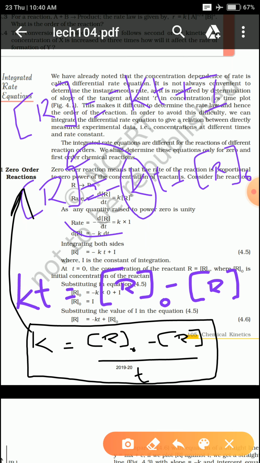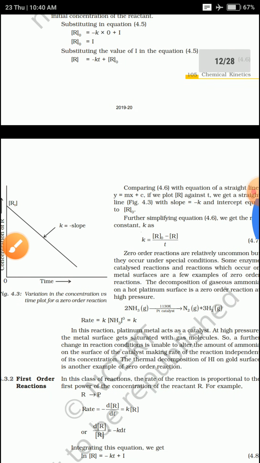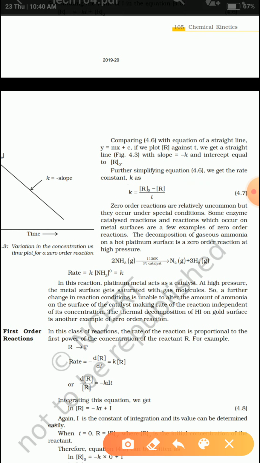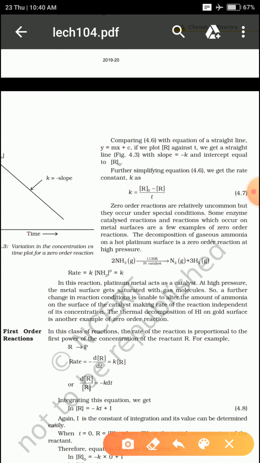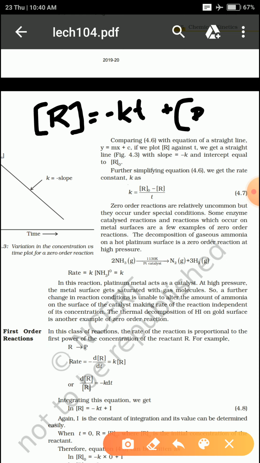Now we will try to draw a graph on the basis of this. How? See, we have concentration of R equals minus kt plus R0. Right, this was the equation that we had. This equation has a very close resemblance to a straight line equation.